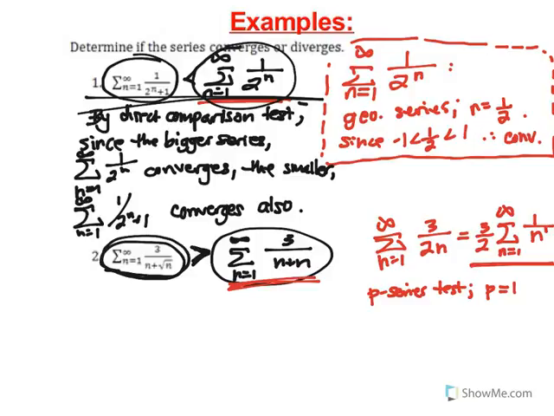Hopefully you remember that in a p-series, as long as p is a real number, which it is, if I have any power that is less than or equal to 1 and greater than 0, what does that mean? The series diverges, right?